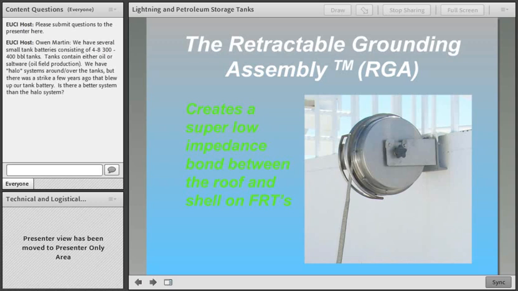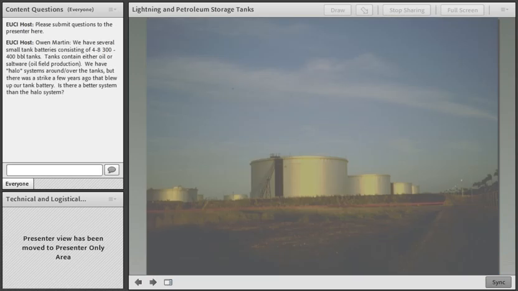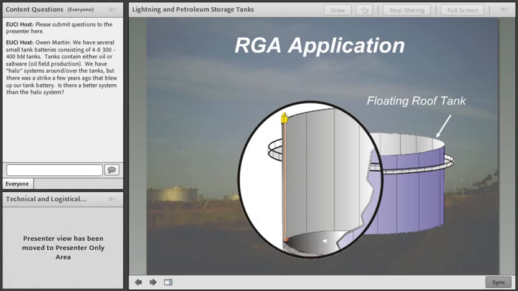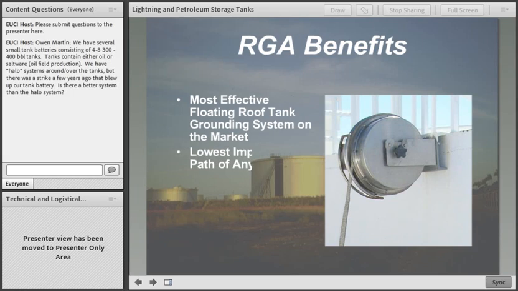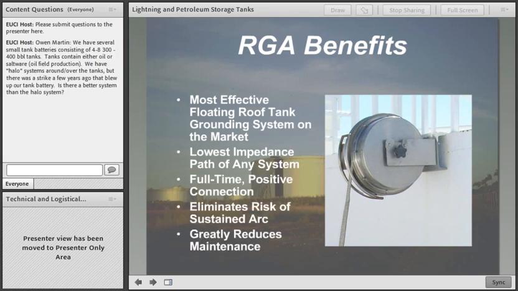The loose end of this cable would be bonded to the roof. Using the RGA is an effective way to bond the roof and the shell. It will also produce the lowest possible impedance connection between the roof and the shell.